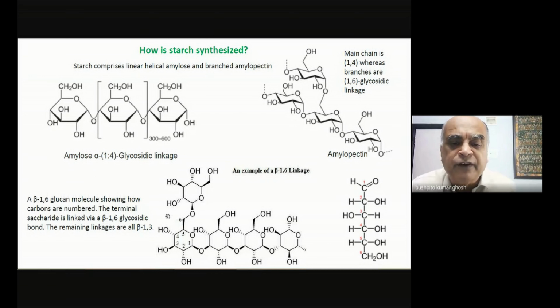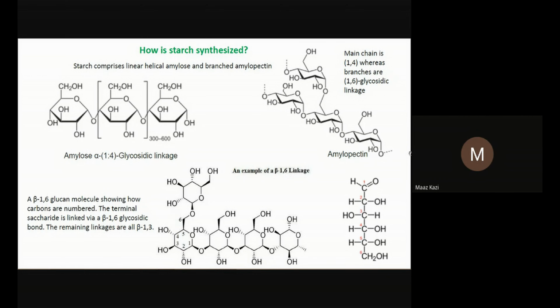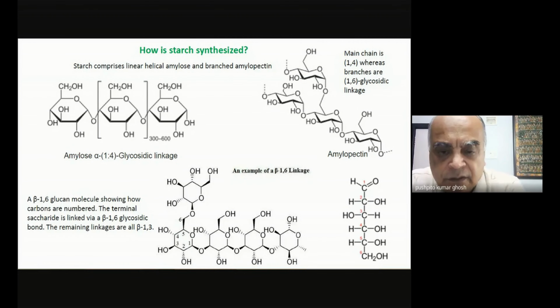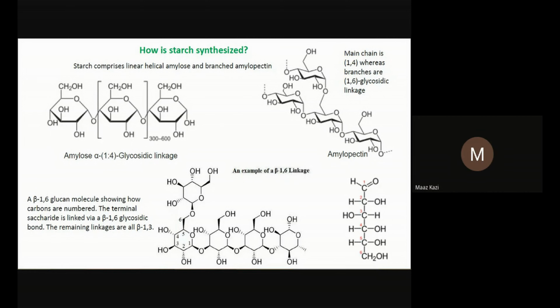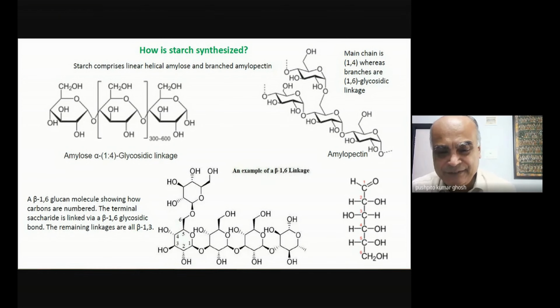Now, what is the difference between these? If I look at the structure and suppose I continue like this, what do I see? There will be branching of the chain. Yes, great, I'm so happy.